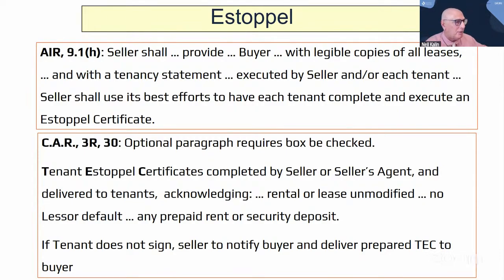The requirement to provide a tenant estoppel certificate is built into the body of the AIR form. It's an optional paragraph in the CAR form, similar to AIR. If that box is checked and the seller is unable to get a tenant signature on a tenant estoppel certificate, then the seller has an obligation to provide a certificate that the seller prepared.